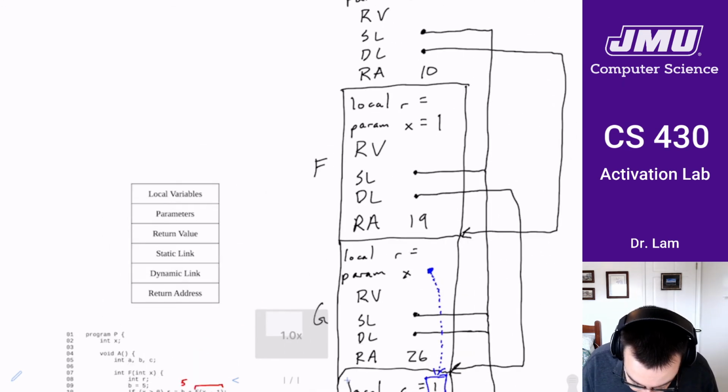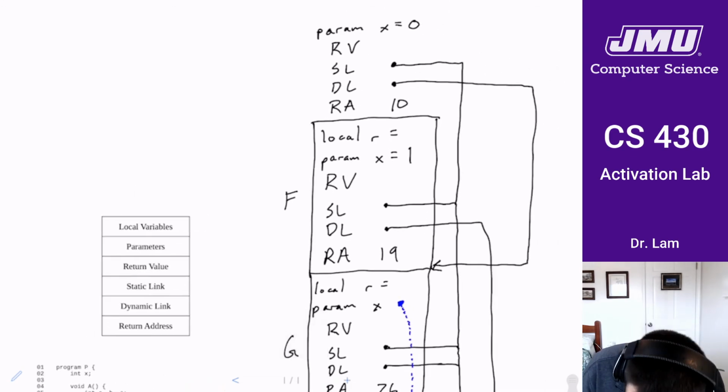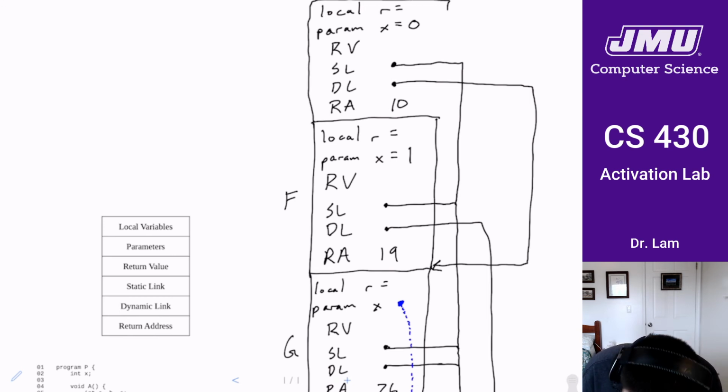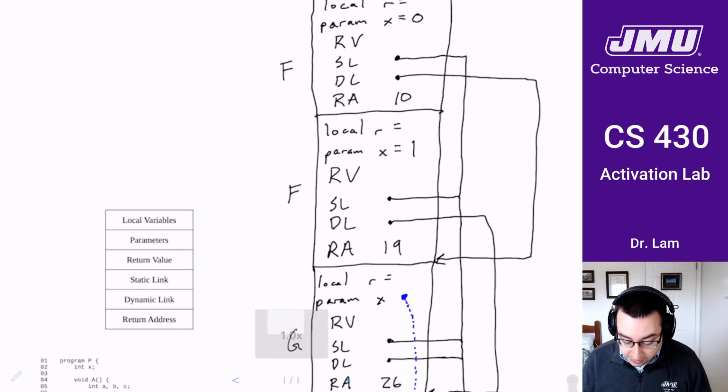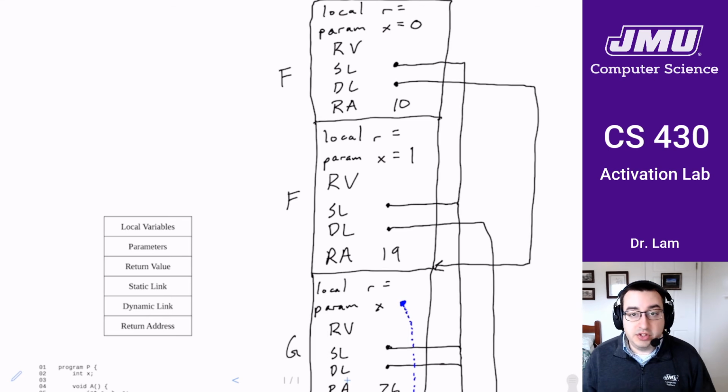And then we just need that last local variable r. So this is another invocation of f. We have two stack frames that correspond to the two activations of f. The first was called by g, and the second was called by f itself.